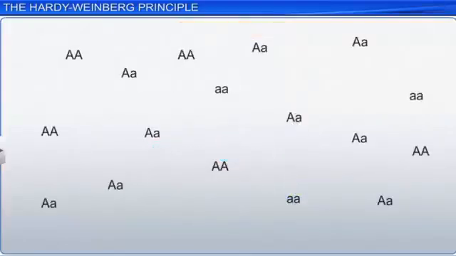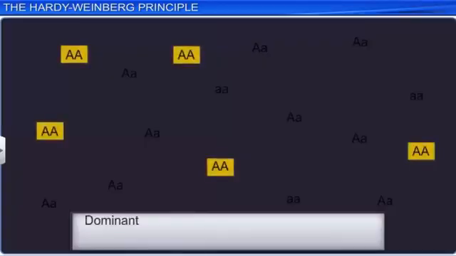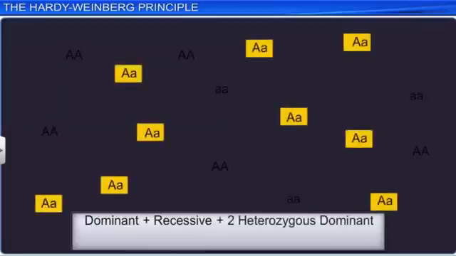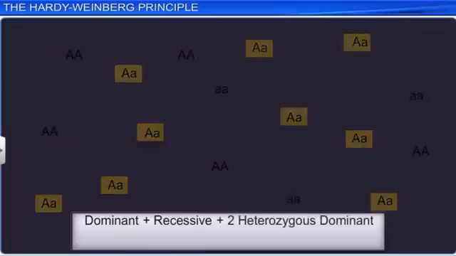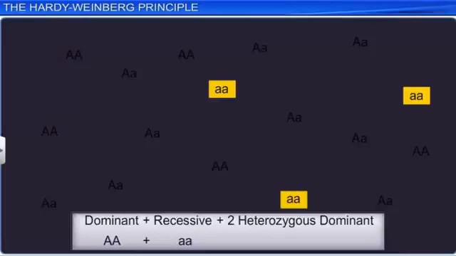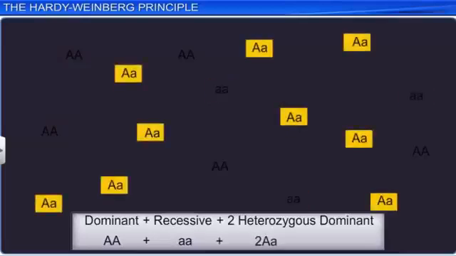The sum of all these frequencies is dominant plus recessive plus 2 heterozygous, which can also be expressed as capital A capital A plus small a small a plus 2 times capital A small a.